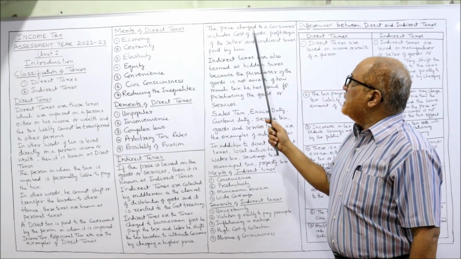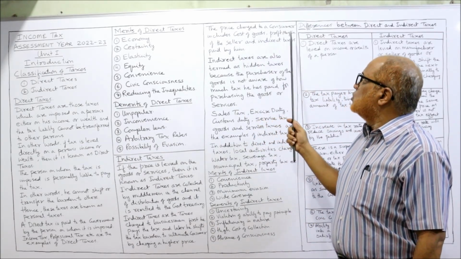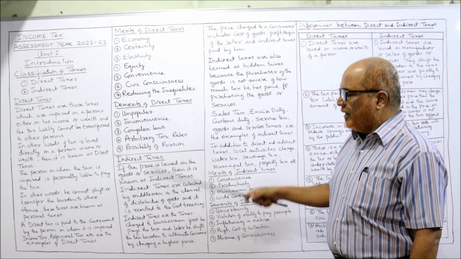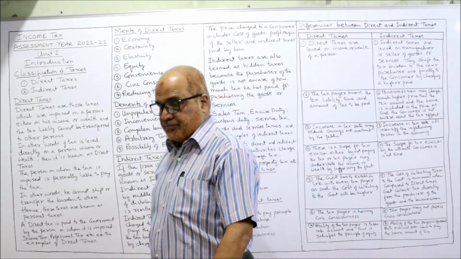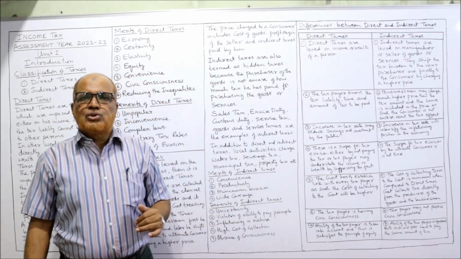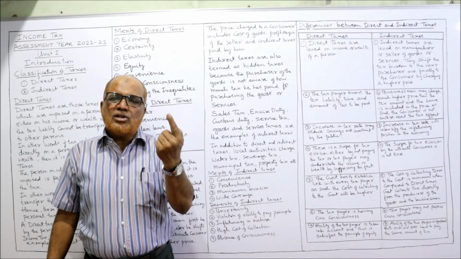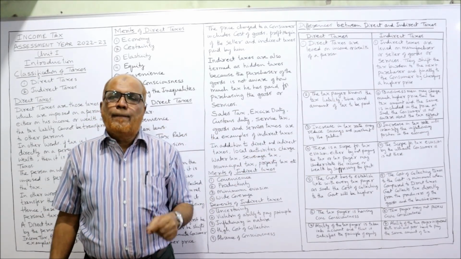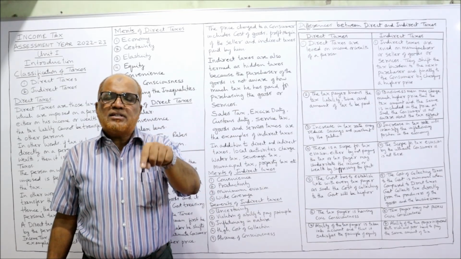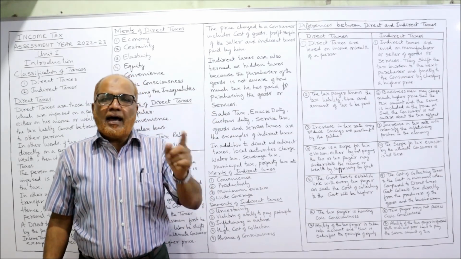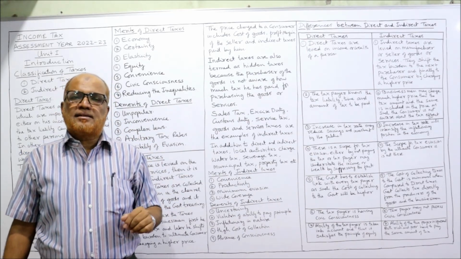Now, the price charged to a consumer includes the cost of goods sold, the profit margin of the seller, and indirect taxes paid. Just now I told you, when we purchase any good, it includes three things: the cost of production of that good, plus the profit earned by the seller, and thirdly, taxes.